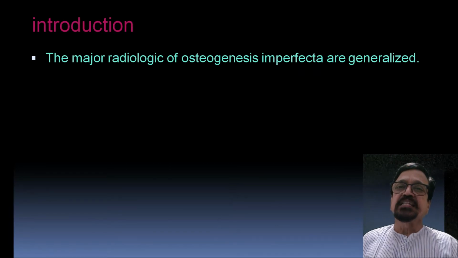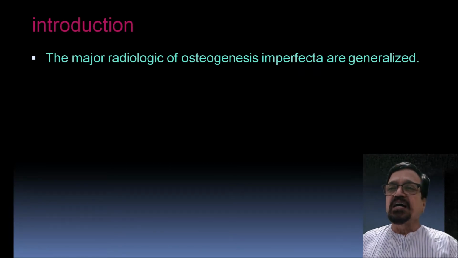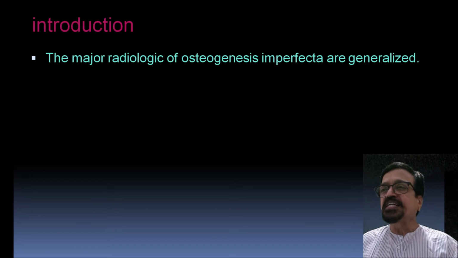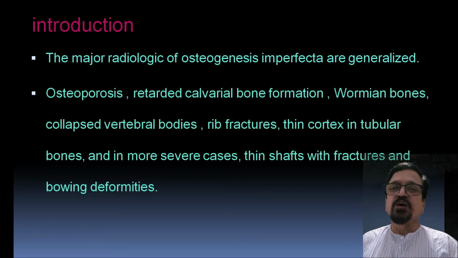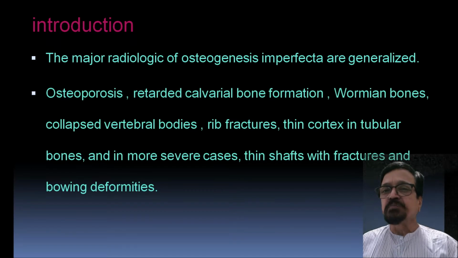The major radiologic findings of osteogenesis imperfecta are generalized osteoporosis, retarded calvarial bones, Wormian bones, collapsed vertebral bodies, rib fracture, thin cortex in tubular bones, and in more severe cases there is thin shaft with fractures and bowing deformity because of the repeated fractures and repeated healing.